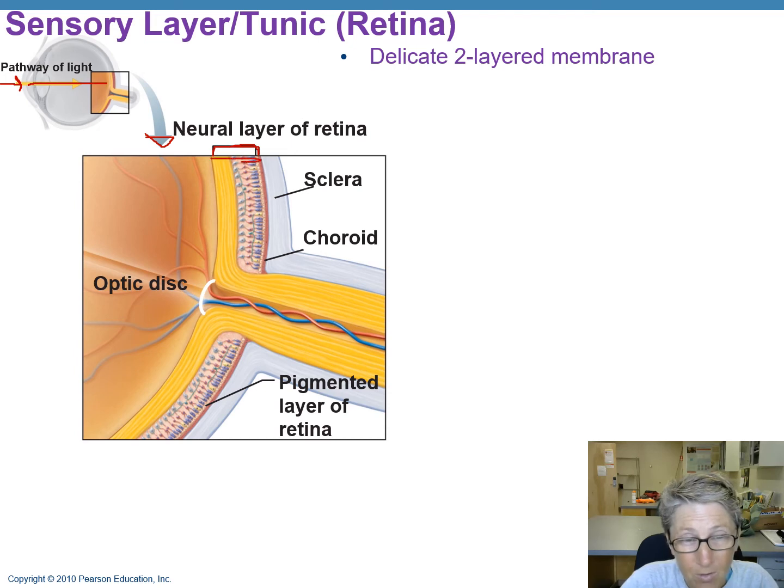So all this is the neural layer of the retina. And then this little piece out here, that's kind of orange piece, this is the pigmented layer of the retina. And then here's the sclera, the white, and then just superficial to the pigmented layer of the retina is the choroid.